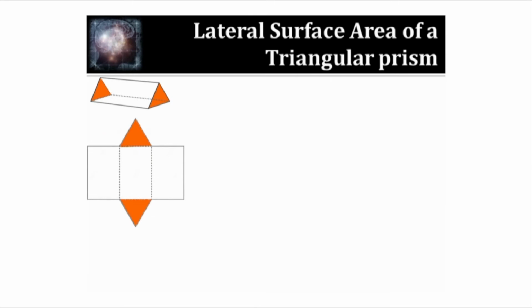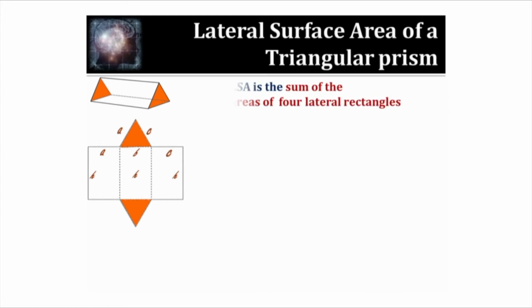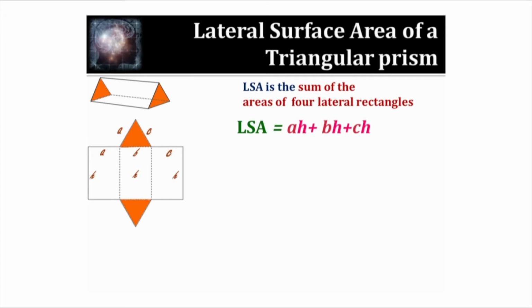Now, let's find out the lateral surface area of a triangular prism. Let us consider 3 sides of the base as A, B and C. If the height of the prism is h, then the width of each lateral rectangle will be h. LSA is the sum of the areas of 3 lateral rectangles. That is, LSA is equal to AH plus BH plus CH.